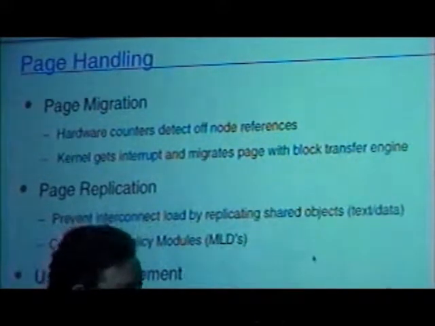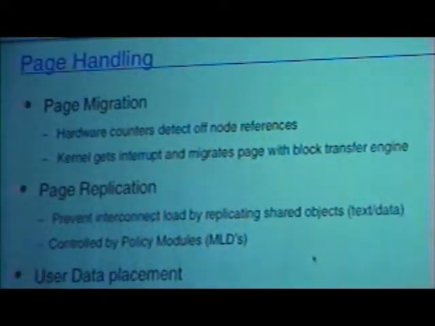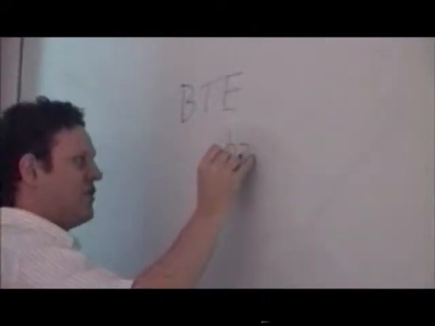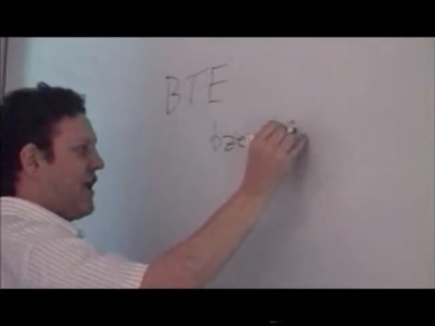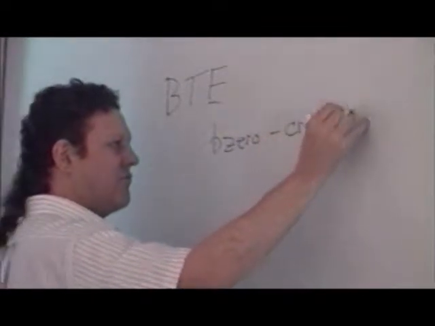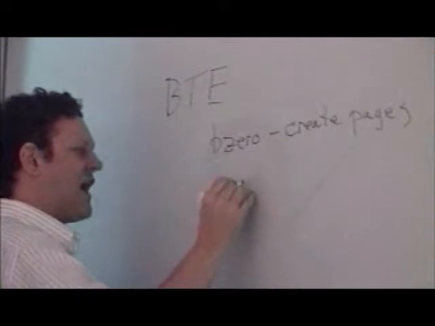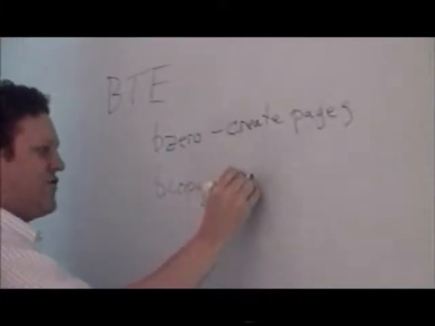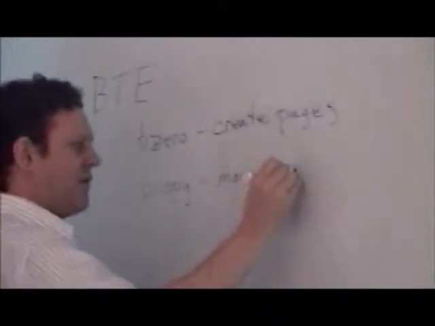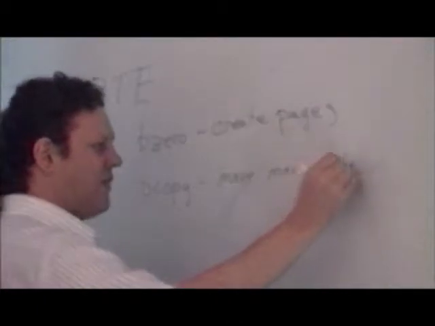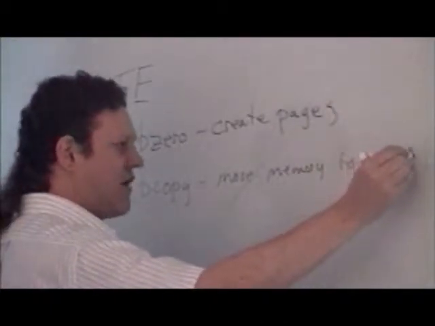Block transfer engine is part of the hub chip. And it is used for a couple other things. Number one was B0 to create pages. Number two is a routine called bcopy, which moves memory to memory to shuffle memory pages around.